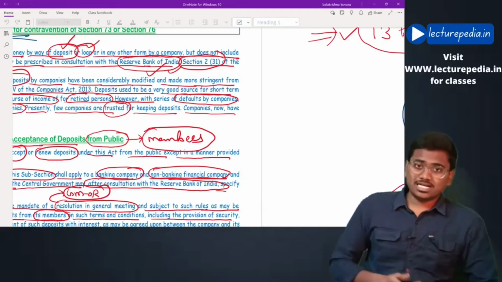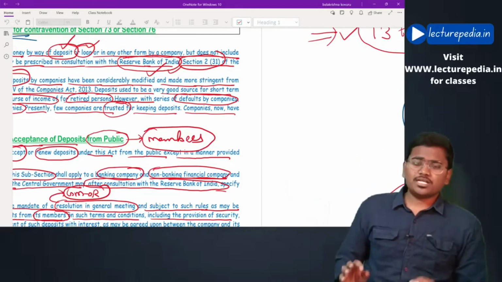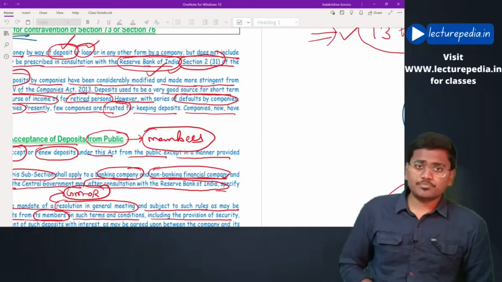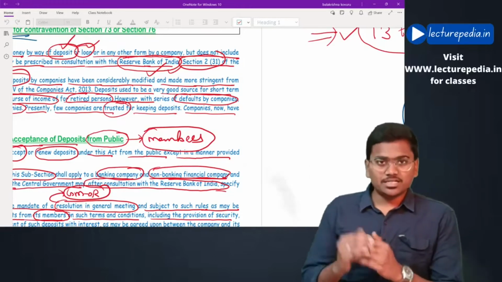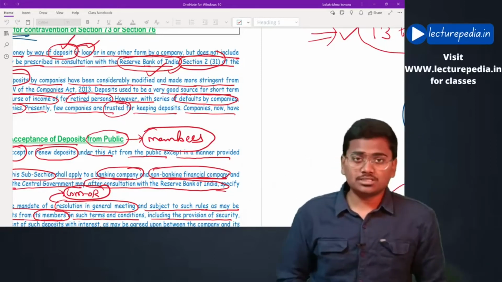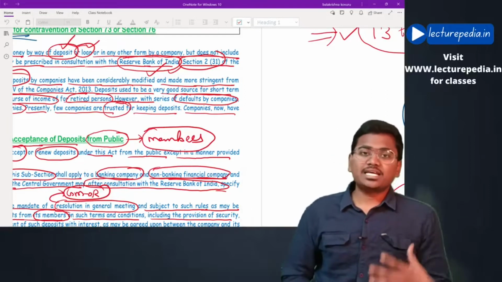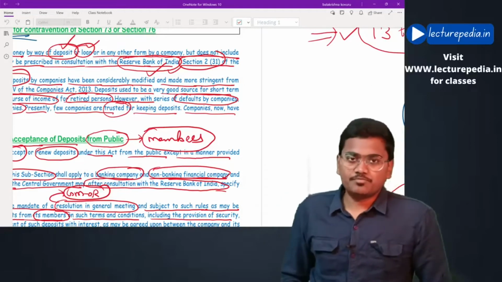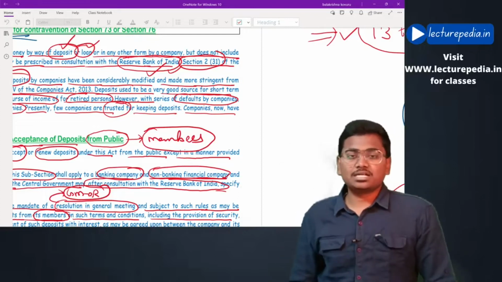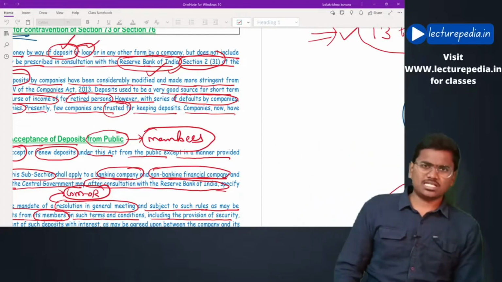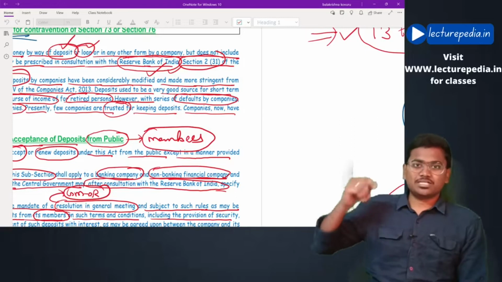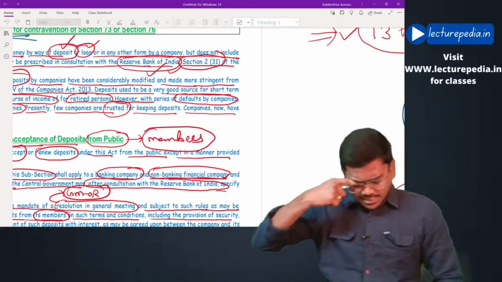Now the question arises whether a company can raise as much deposits as it wants, or there is any limit on the maximum amount of deposit that a company can raise. Okay, there is a limit. Company cannot raise unlimited deposits. There is a certain limit prescribed by the Act. Company has to raise deposits only within those limits. Okay, let us see those limits.